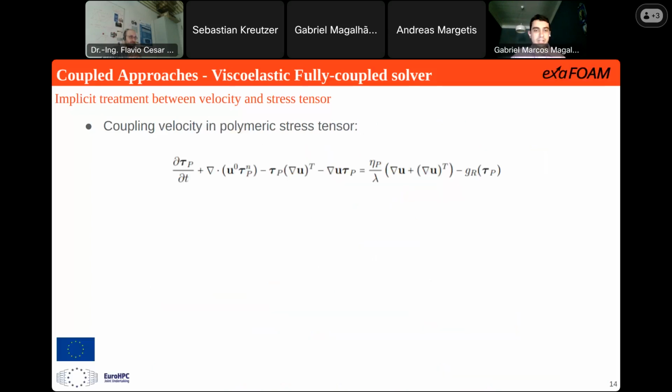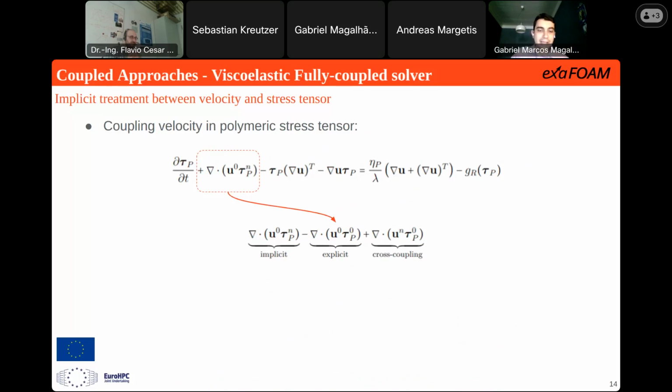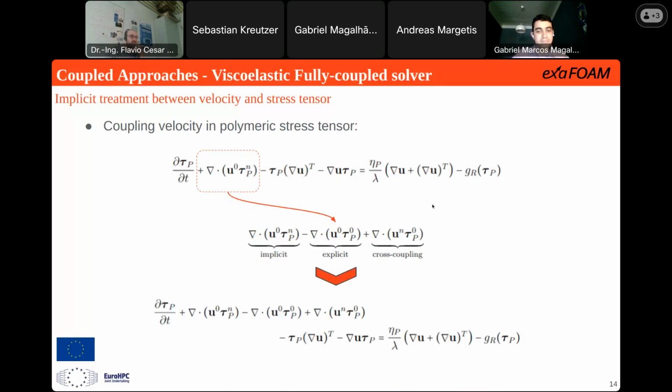To couple the velocity in the polymeric stress tensor, we have chosen this term, and we applied a Taylor approximation. When we apply a Taylor approximation, basically we are dividing this term in 3 parcels: an implicit, an explicit, and a cross-coupling parcel. And in the convergence, the implicit and the explicit will cancel, and the term is modeled by the cross-coupling. So we have this equation for the constitutive model with this term divided in 3 parcels.